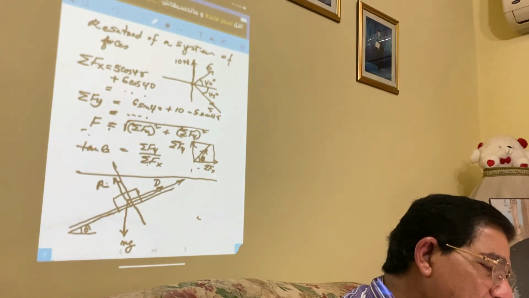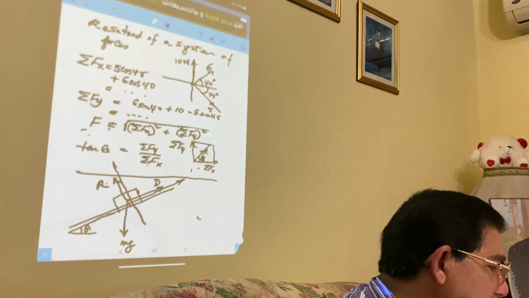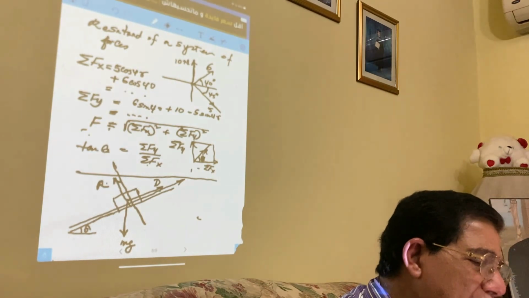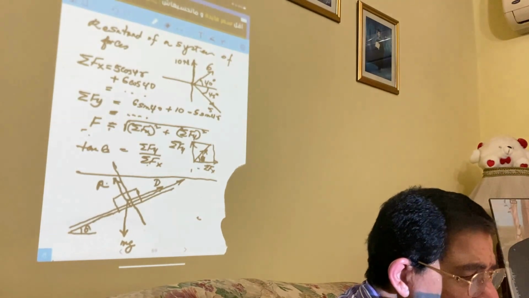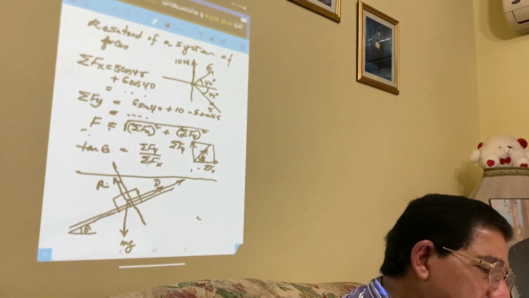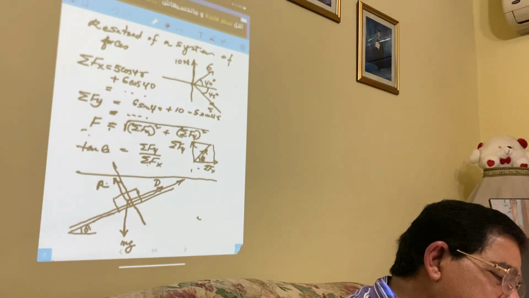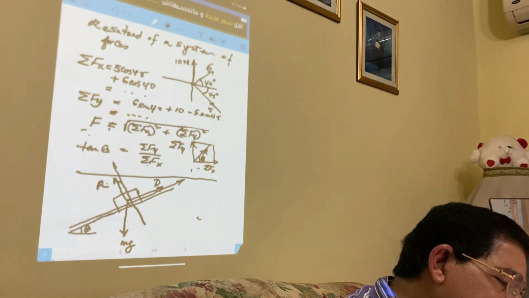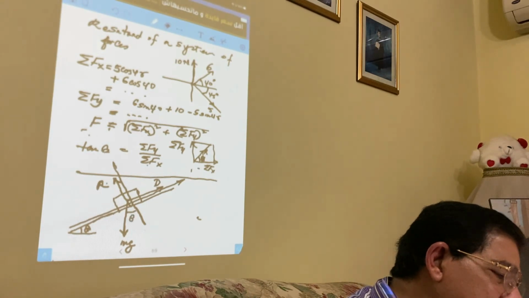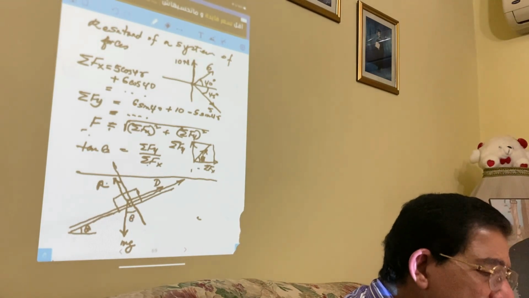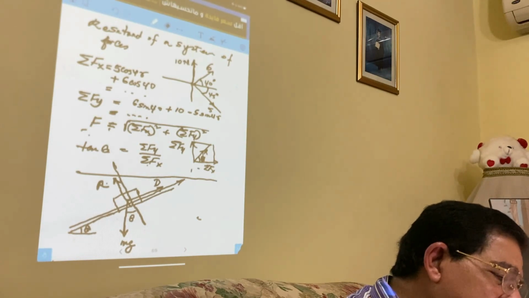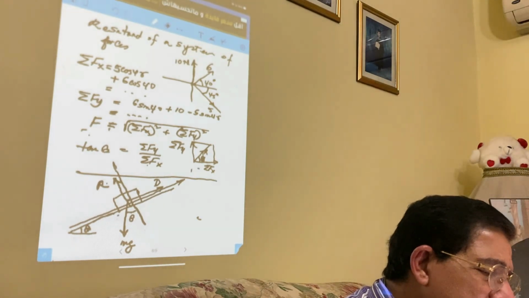So we find most of the forces already in these directions except the weight of the body. The only force we need to resolve is the weight of the body. Say this angle is theta, then this angle also is theta. Why? Because this angle plus this one makes 90 degrees, and these two make 90 degrees.